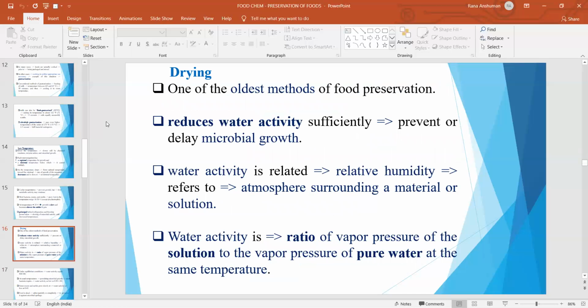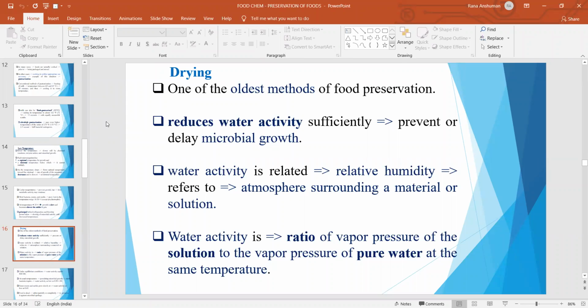Next one is drying, which is one of the oldest methods of food preservation. It reduces water activity sufficiently to prevent or delay microbial growth. Water activity is related to relative humidity.